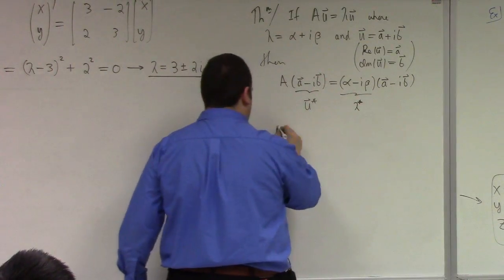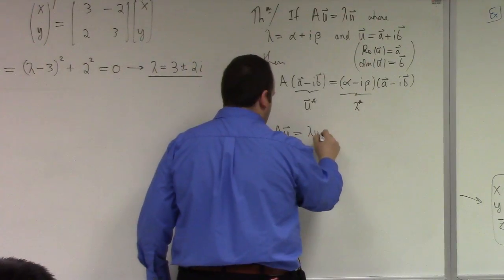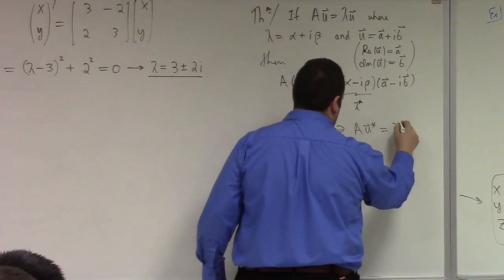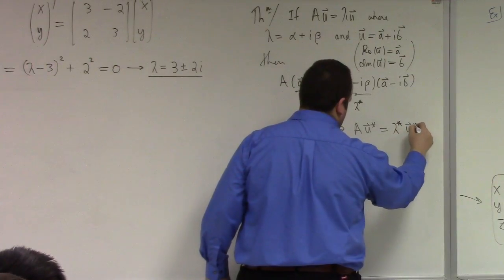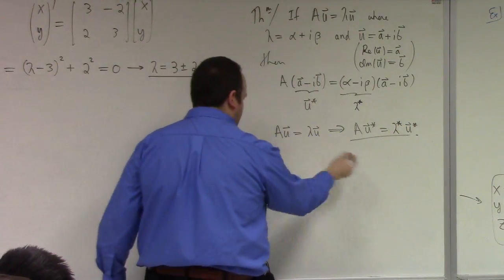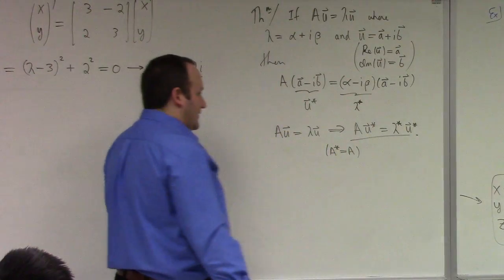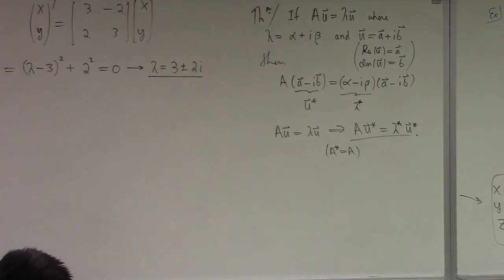So all I'm really saying is if you have Au equal to lambda u, that implies that Au star is equal to lambda star u star, the complex conjugate. Basically, A is its own conjugate. A is real. So this is great. This means that if I find a complex eigenvector, the other eigenvalue, the conjugate, it's already there. I just have to complex conjugate my eigenvector. I've already got the other eigenvector.